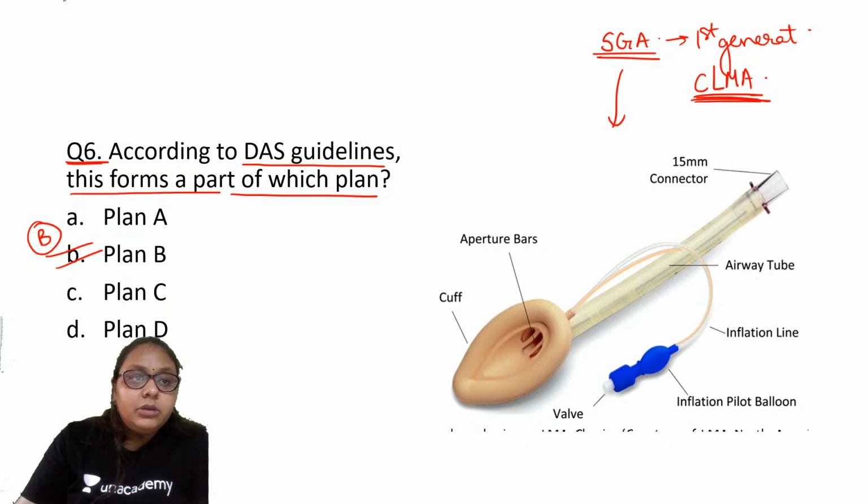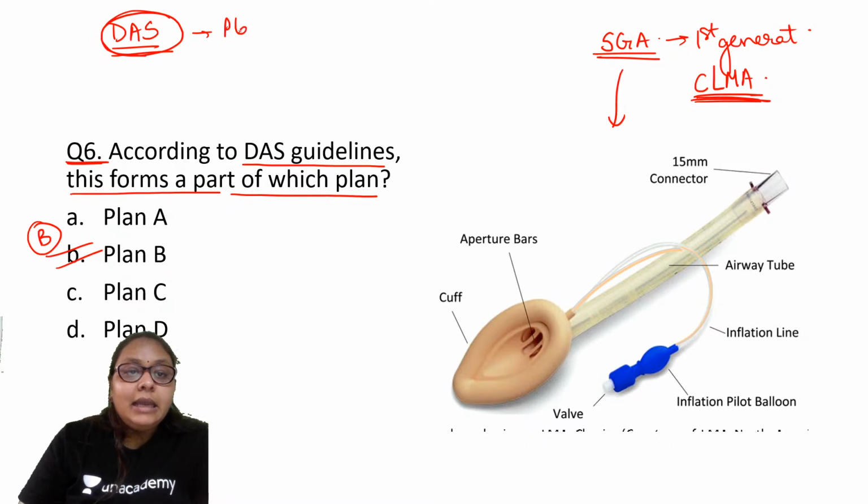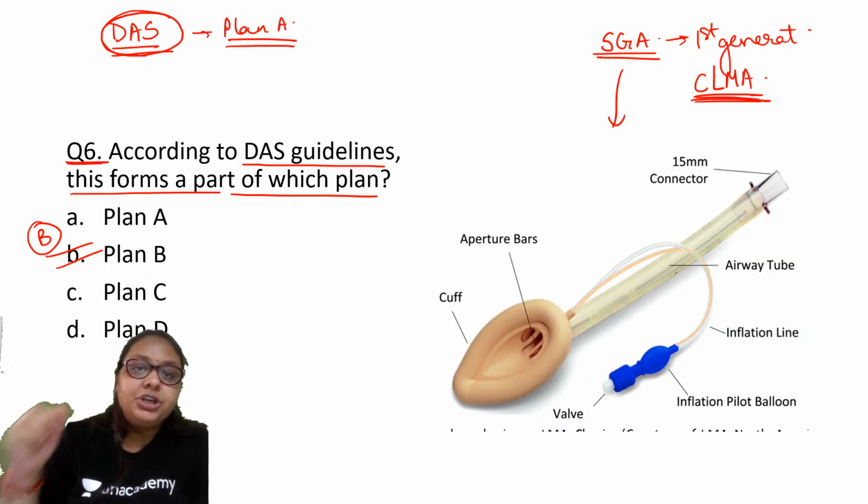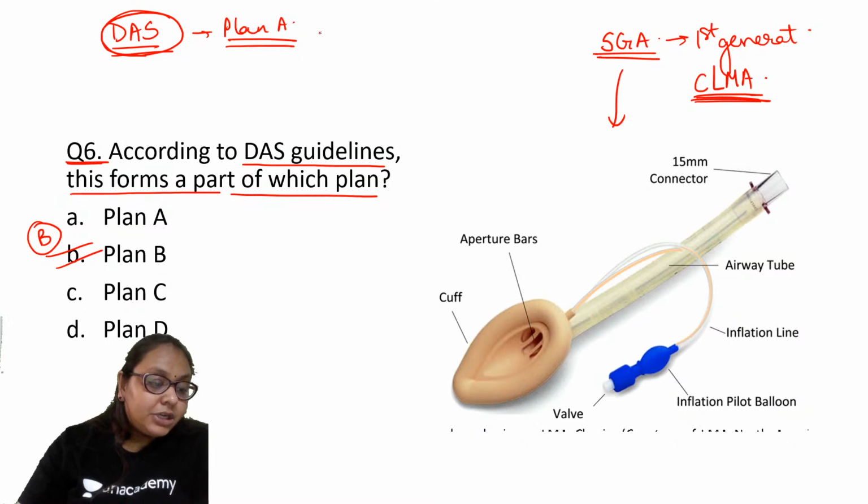Now, according to the DAS guidelines, these are for the difficult airway, difficult intubation. Okay, plan A. Plan A is face mask ventilate the patient and intubate the patient.